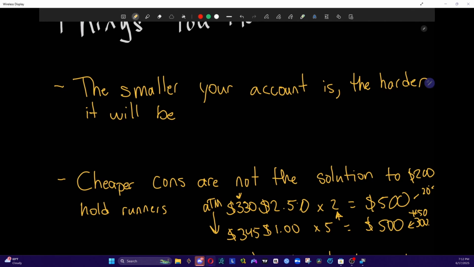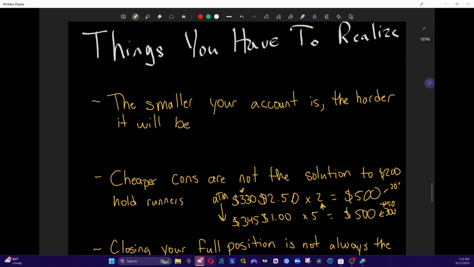So you want to get a good mix of high risk and low risk, which is usually around the 30 to 40 delta, depending on what kind of stock you're trading. So just keep that in mind. More cheaper cons does not mean that you're putting yourself in a position where you could trim more and that's going to lead you to success, where you can hold runners that go like 150%.